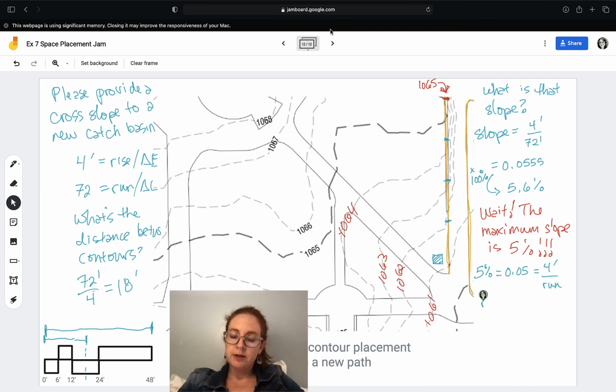So my run is going to be 4 feet over 0.05. I'm going to bring up my calculator again. 4 divided by 0.05. So my run is equal to 80 feet.